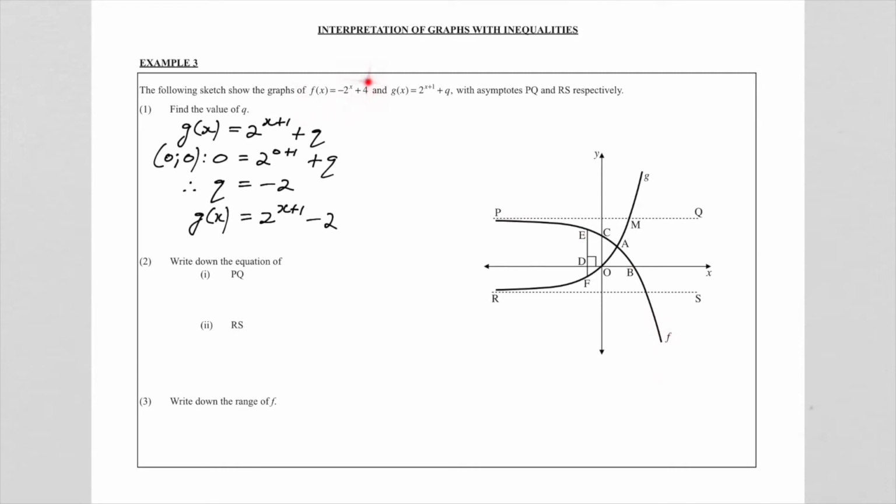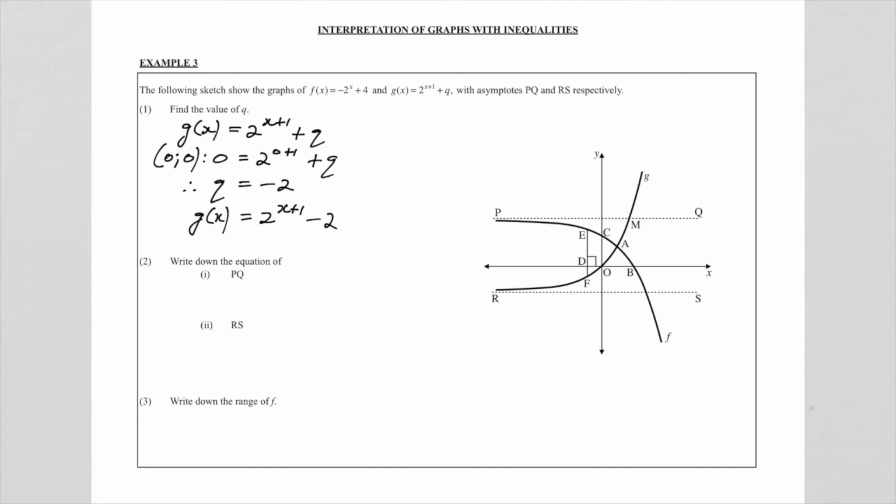So if I look at f, you will notice there's a plus 4. So that means f moved 4 units up. And that means that PQ will be at 4.